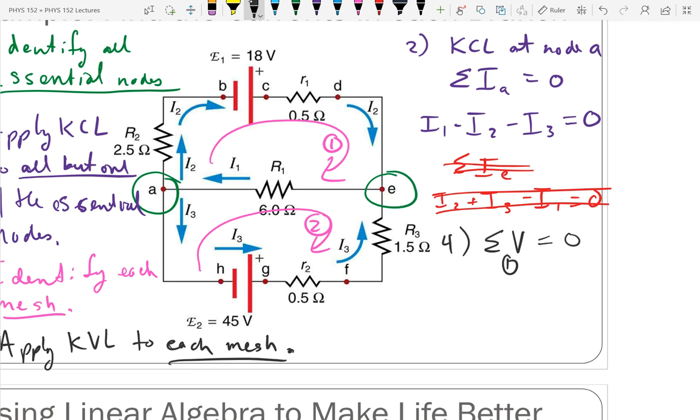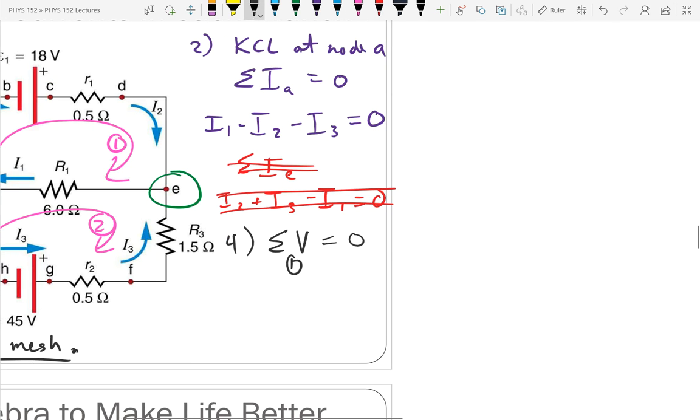So now I fill it in. So I start at A and I go through this resistor. So the current is going up. Which side is positive on this resistor, the top or the bottom? I'll draw a picture over here just so we're clear. The side with the tail of the arrow is positive.